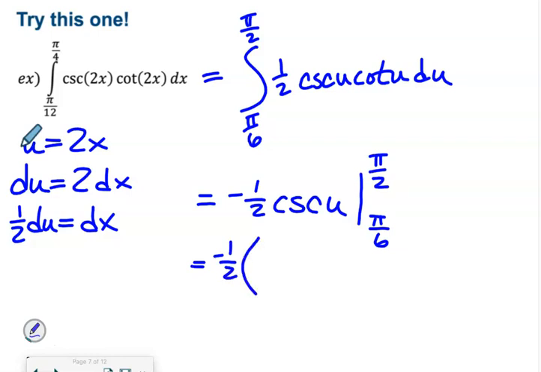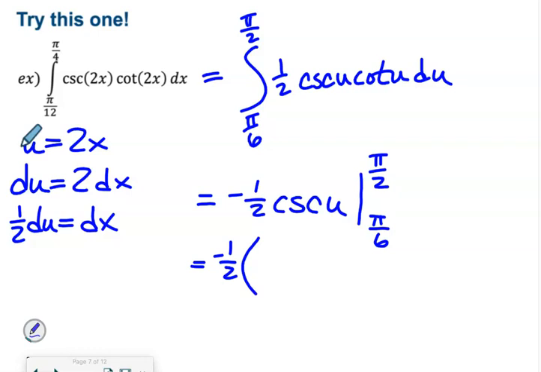Cosecant is the reciprocal of what function? Sine. Cosecant is the reciprocal of sine. I've never memorized a cosecant value. I know my sine values, so I just think sine and then flip it. So sine of pi/2. Anyone know the sine of pi/2? 1.